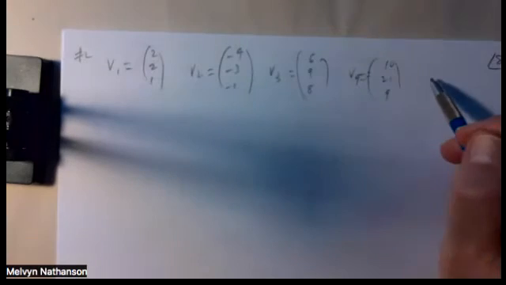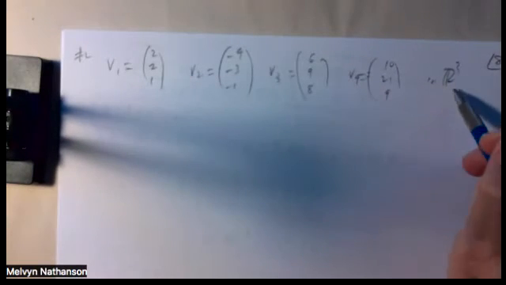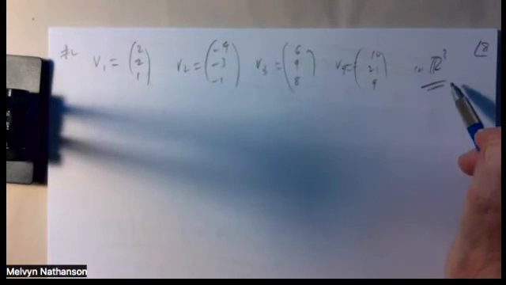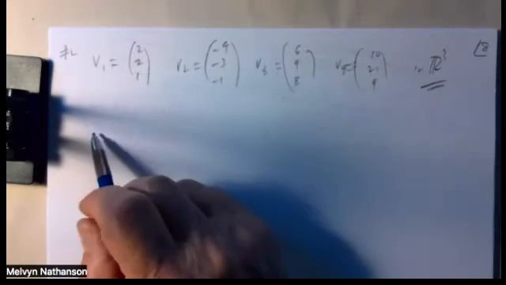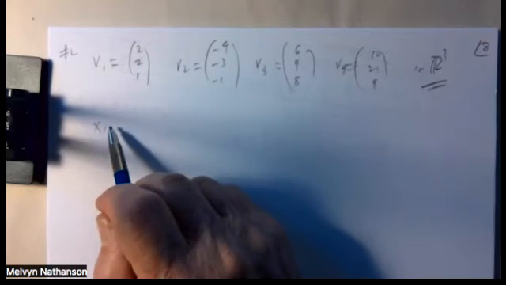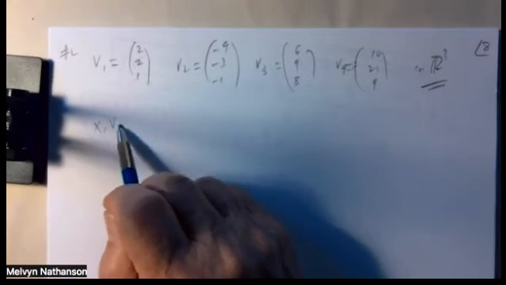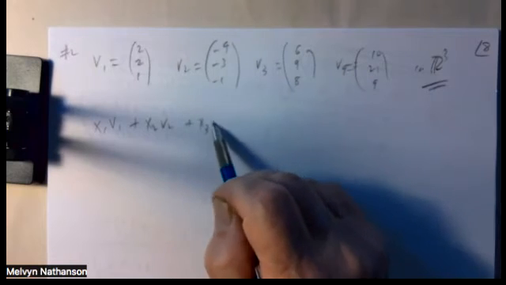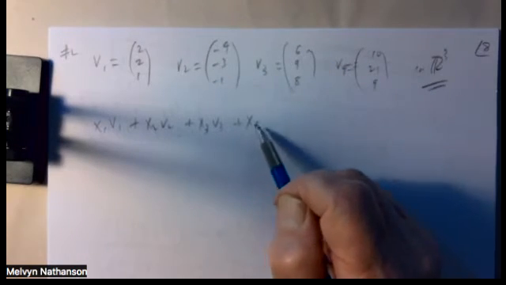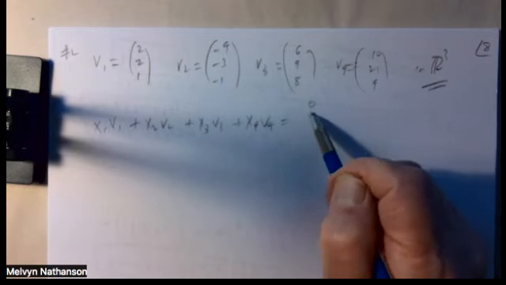Now we know these are all in R3. So we know R3 is 3-dimensional, so any 4 vectors must be linearly dependent. So there have to be scalars, x1 up to x4, such that x1 v1 plus x2 v2 plus x3 v3 plus x4 v4 equals the 0 vector.